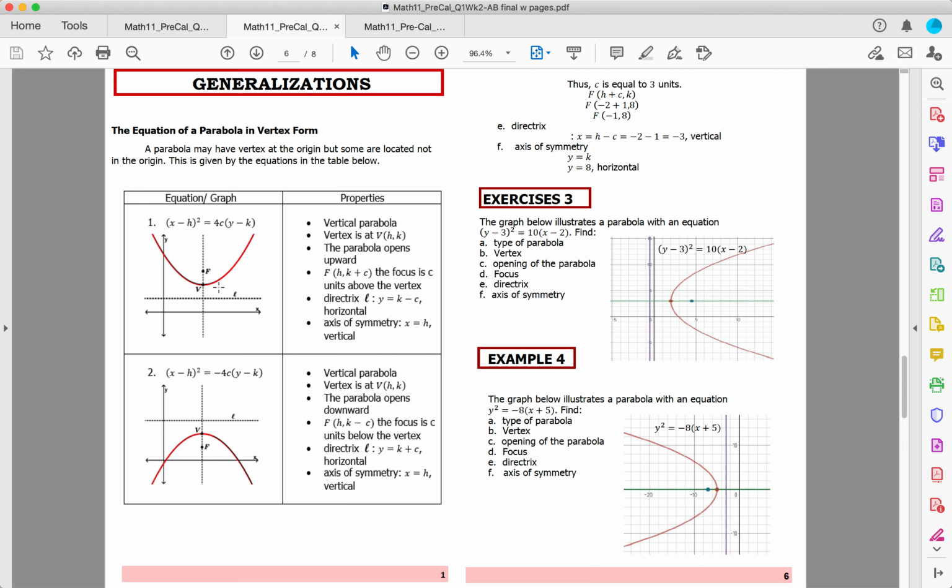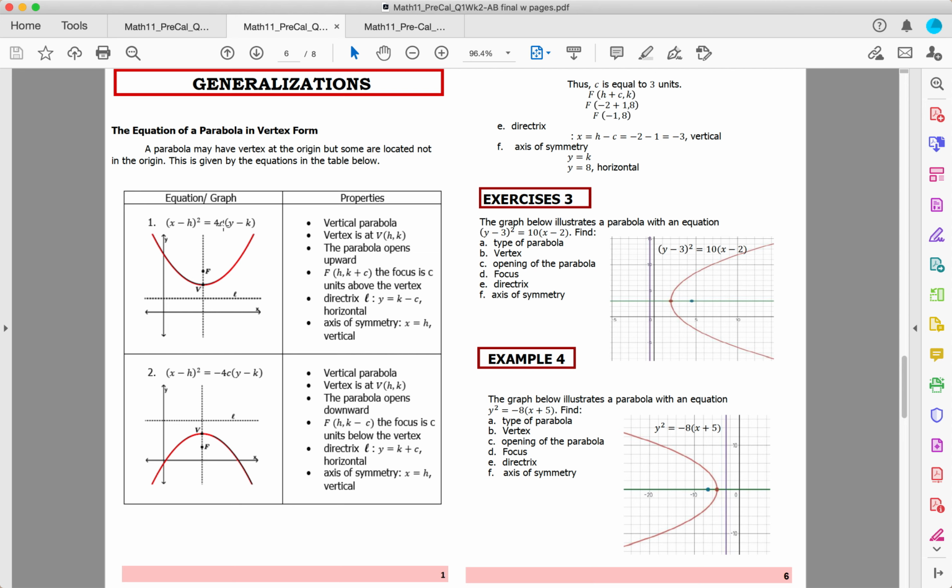Just like your parabolas whose vertex is at the origin, we follow almost the same pattern as that of the first one. However, this time it's not just x squared, but it's (x minus h) squared.